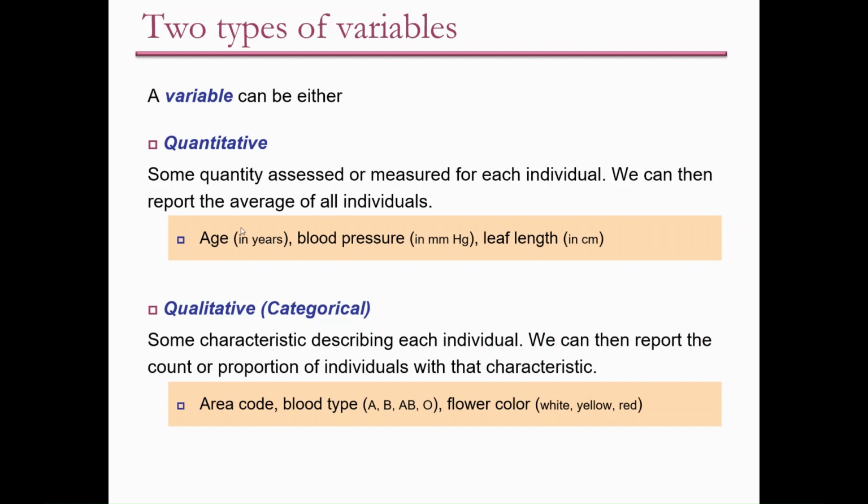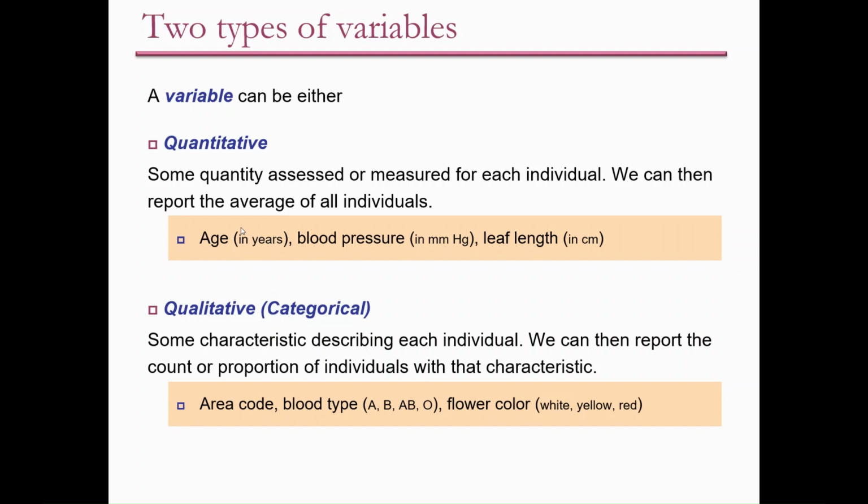Another good example: we could take the jersey number for every basketball player at Bellevue College. If we averaged all of their jersey numbers, that doesn't tell us anything about the team or the players.